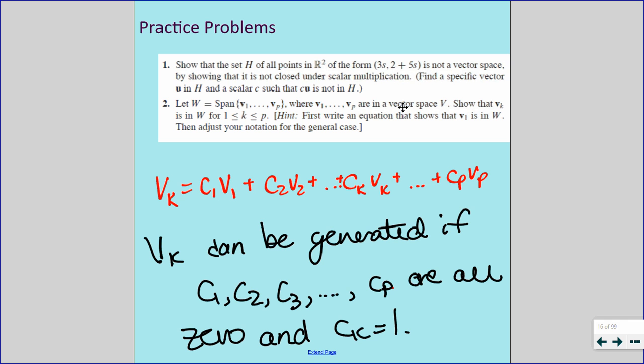So that is how we can show that VK is in W, because VK can be found by doing a linear combination of vectors V1 through VP. And if all of these are 0, 0, 0, 0, and this is 1, we get VK. So there it is. We have shown that it is in the vector space.